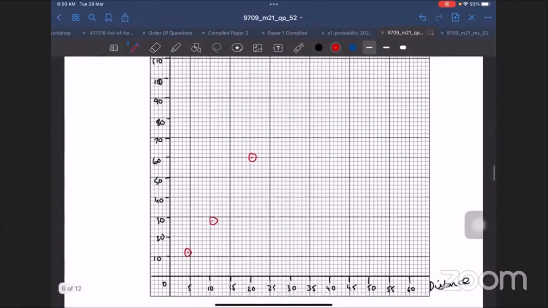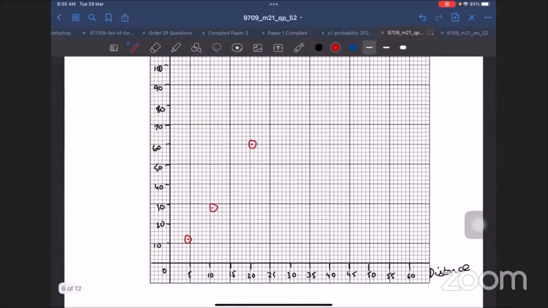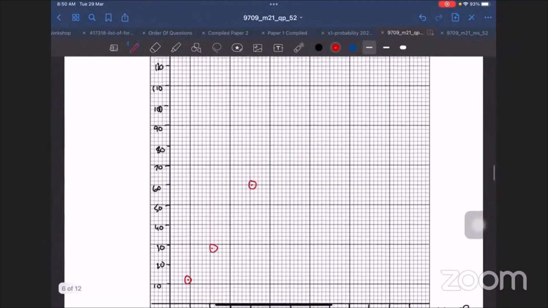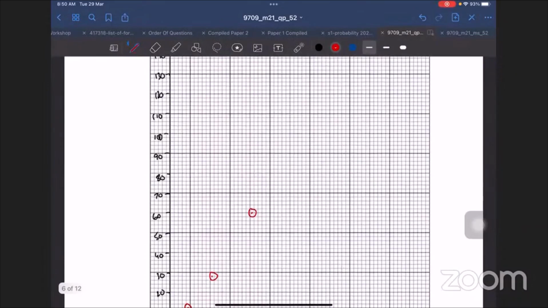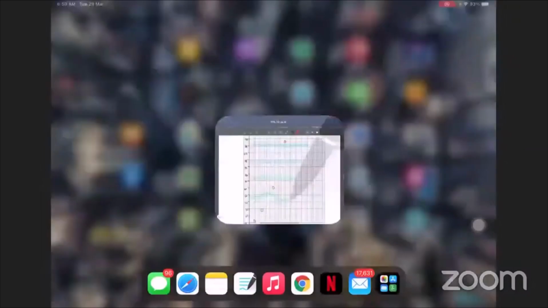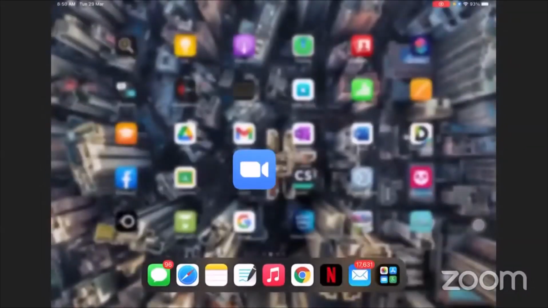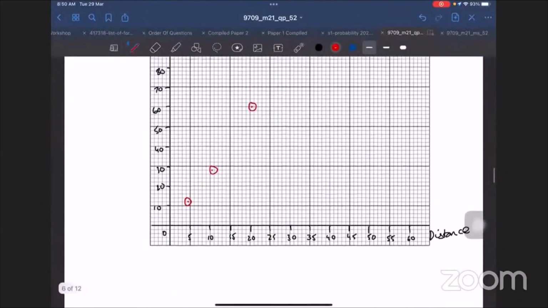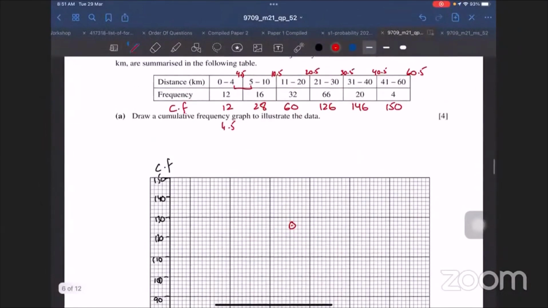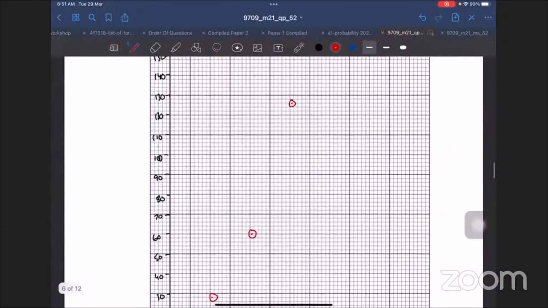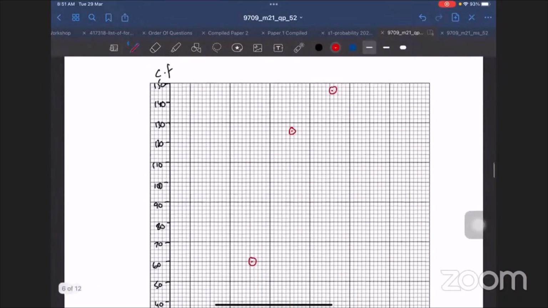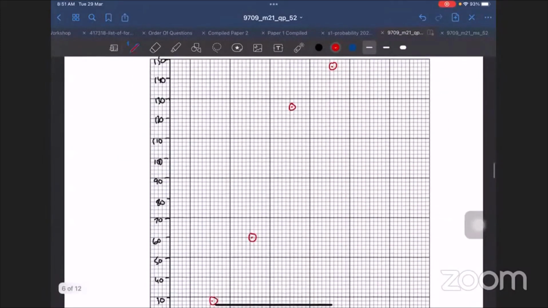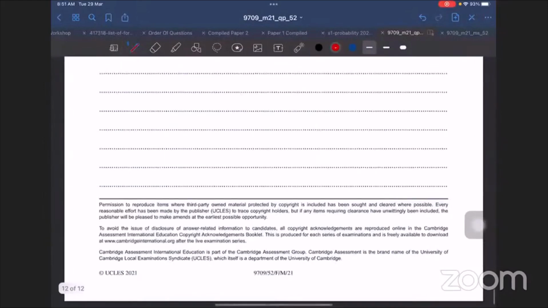Then 30.5 and 126. Then I have 40.5 and 146. And then I have 60.5 and 150.